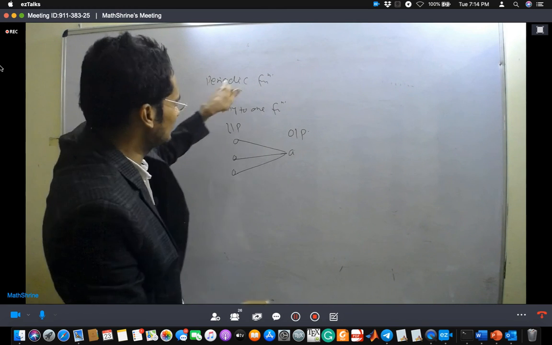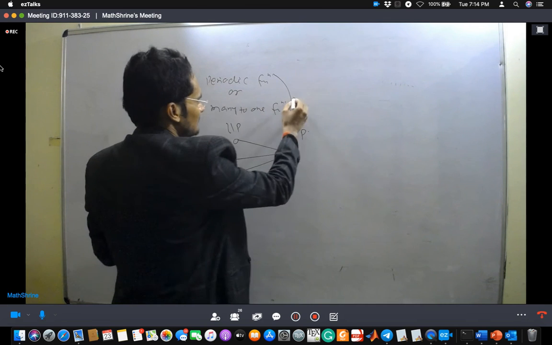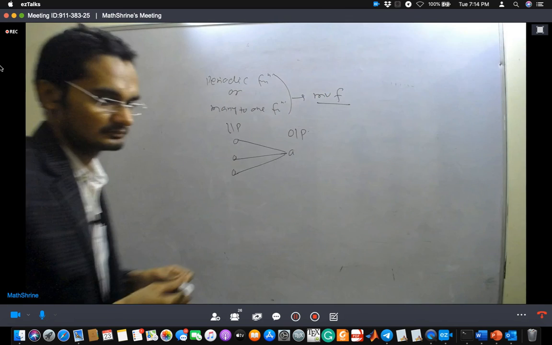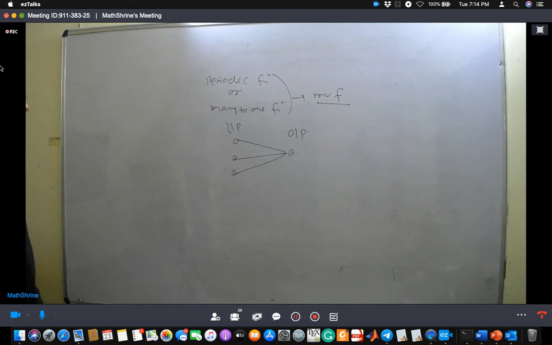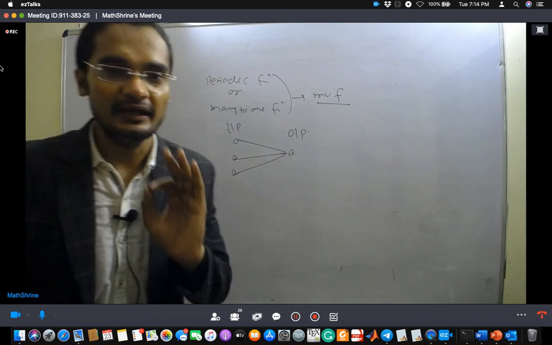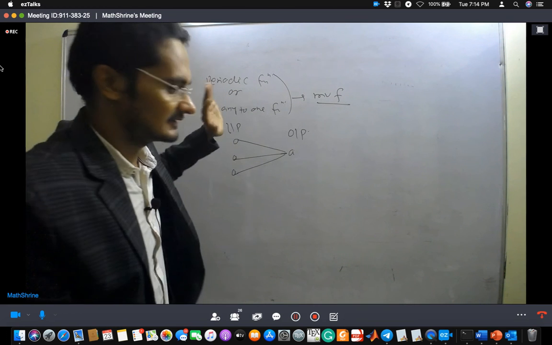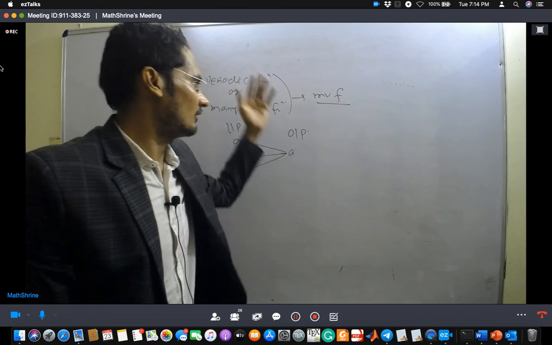See for example, the exponential function is periodic of period 2 pi iota. Sin z is periodic of period 2 pi. Cos z is periodic of period 2 pi.